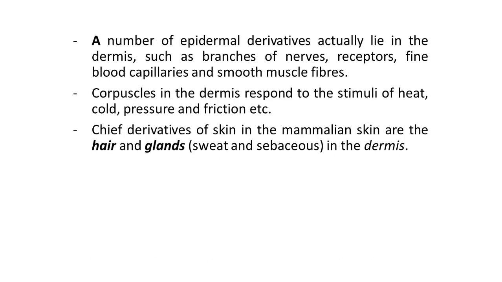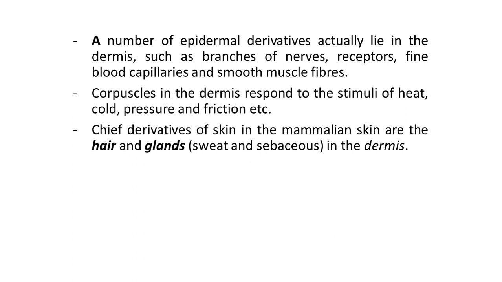A number of derivatives actually lie in the dermis, such as branches of nerves, receptors, fine blood capillaries, and smooth muscle fibers. Corpuscles in the dermis respond to the stimuli of heat, cold, pressure, and friction.